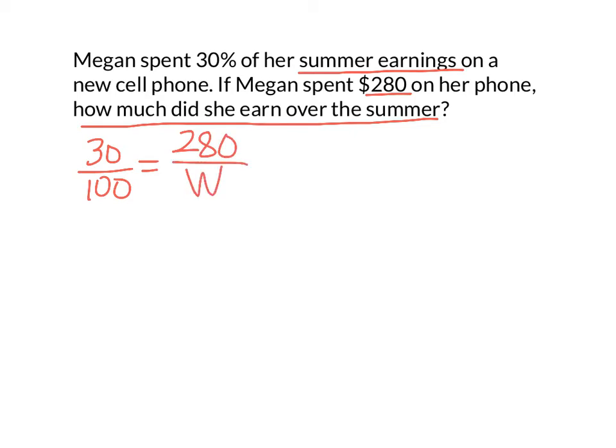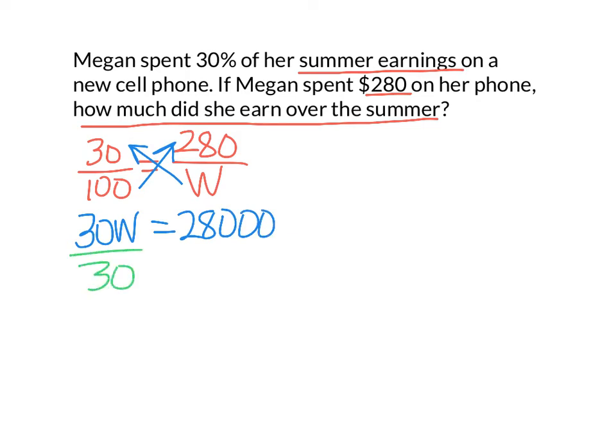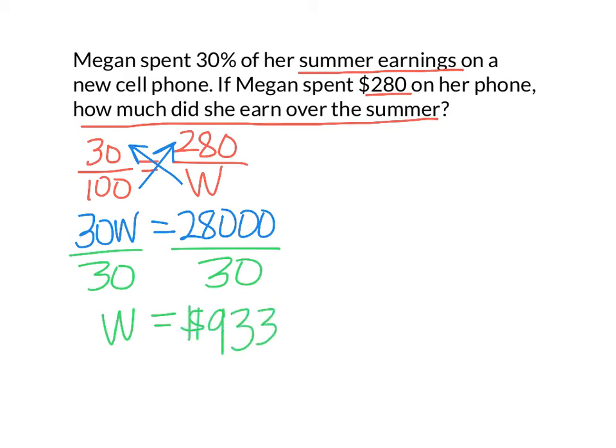So again we cross multiply, 30W equals 28000, divide both sides by 30 to isolate the variable, and W equals $933.33. The 3 keeps repeating, but of course we just round to the nearest penny.